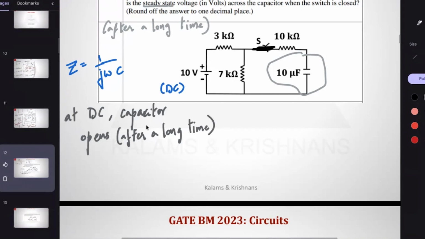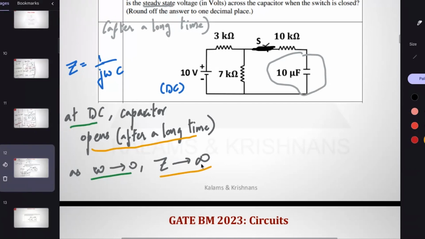Notice here, as omega tends to 0, the denominator goes to 0, the numerator goes to infinity. We have at DC it opens after a long time. Resistance becomes infinite. So what happens to this capacitor? At least now can someone answer? Hope no one has an issue understanding what opens means, right? Resistance becomes infinite. They are no more connected. After a long time, this capacitor behaves like this point almost opens up.